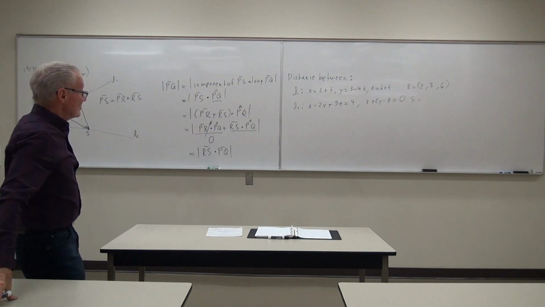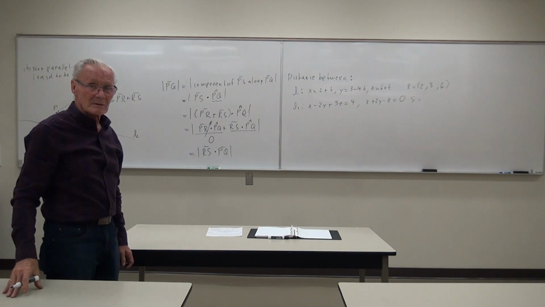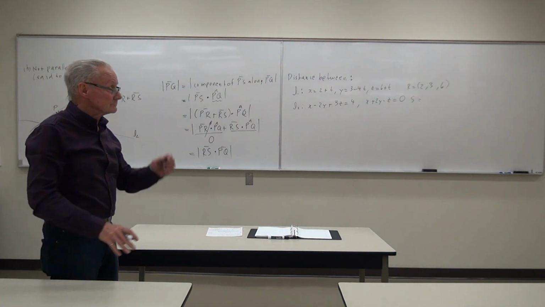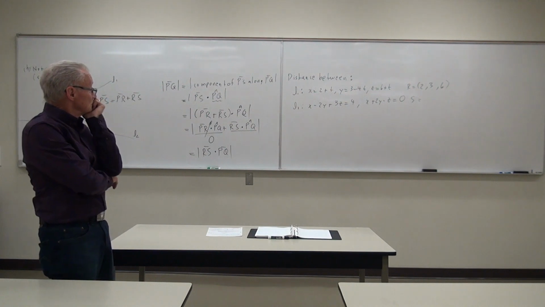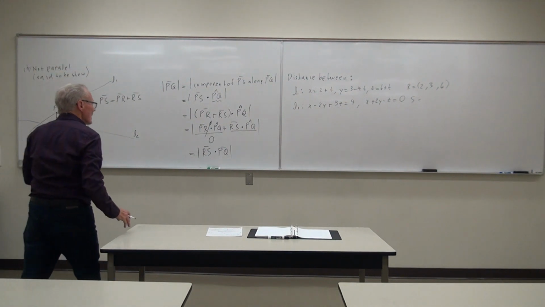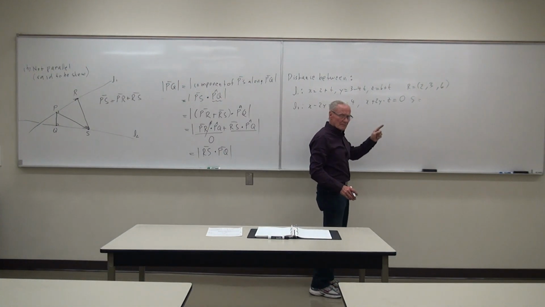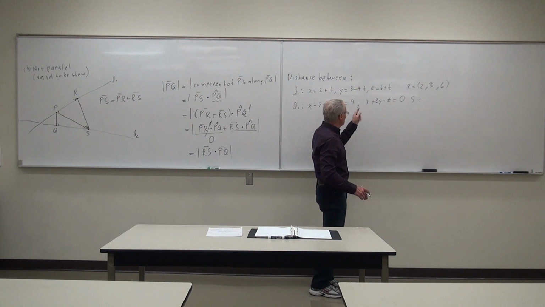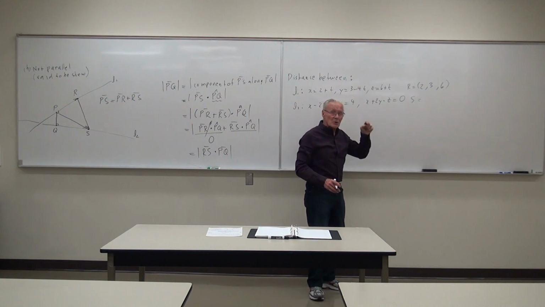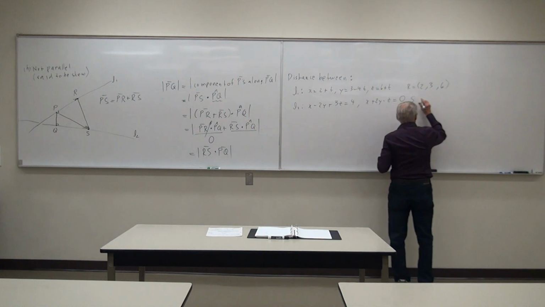What are you going to do? How are you going to find yourself a point in that line? I think here's what I would do. I'm going to put z equal to 0 and actually find where this line crosses through the xy plane. So let's do this.